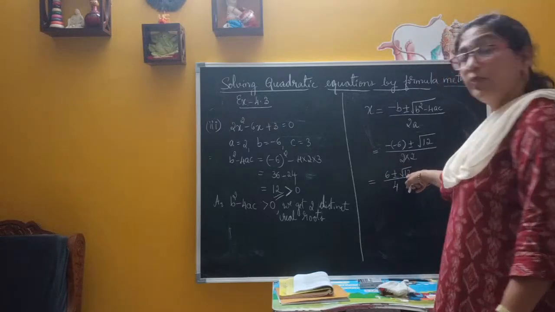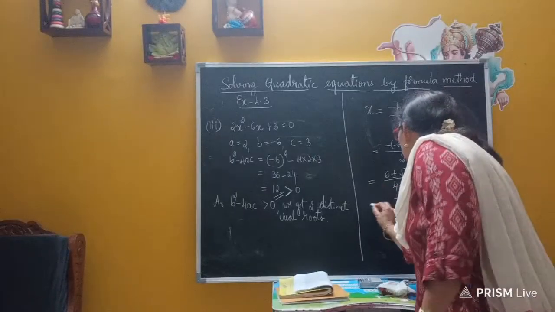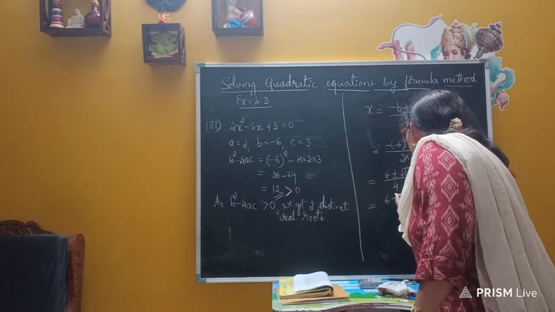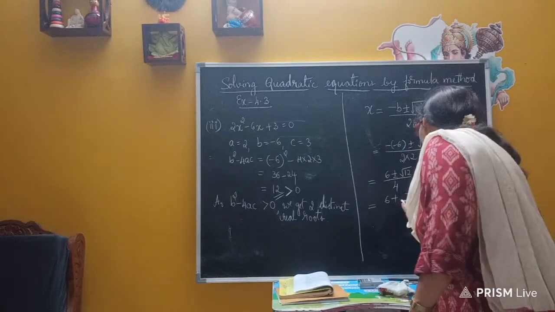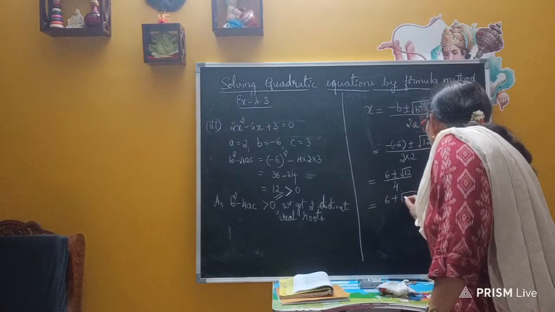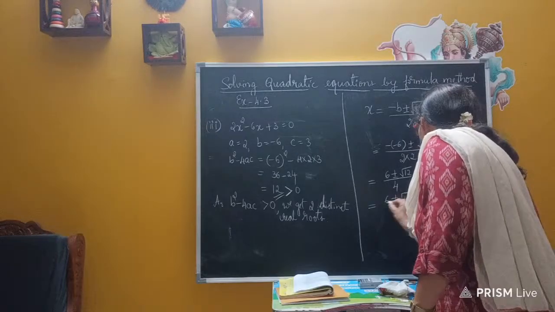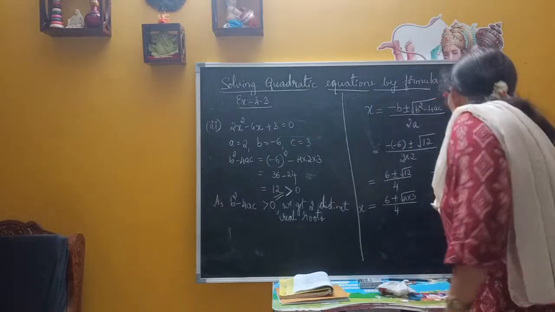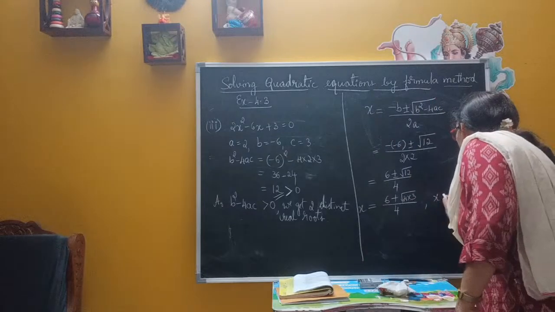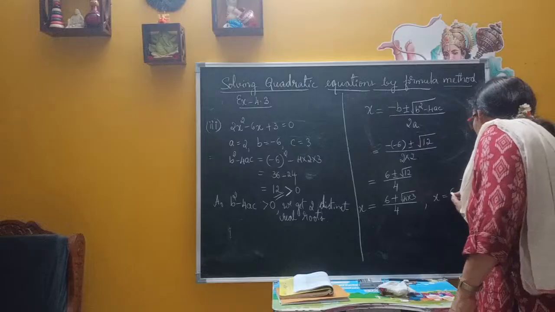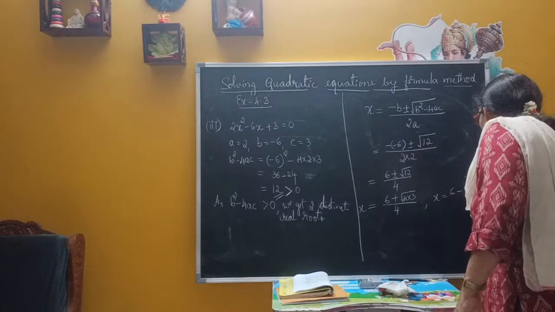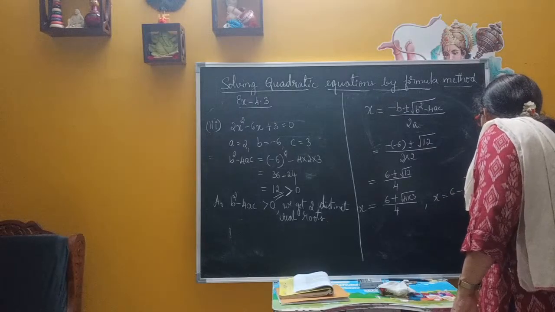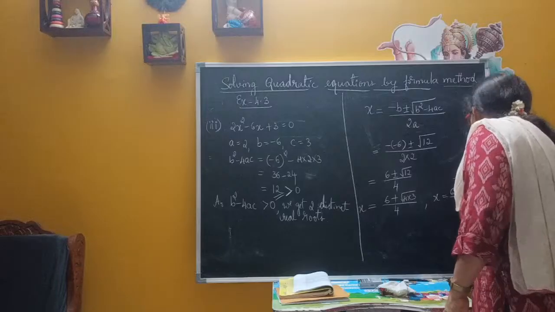This can be simplified. How? We can write root 12 as root of 4 times 3, so x is equal to 6 plus root of 4 times 3 by 4, one value. Other one, x is equal to 6 minus root of 4 times 3 by 4.